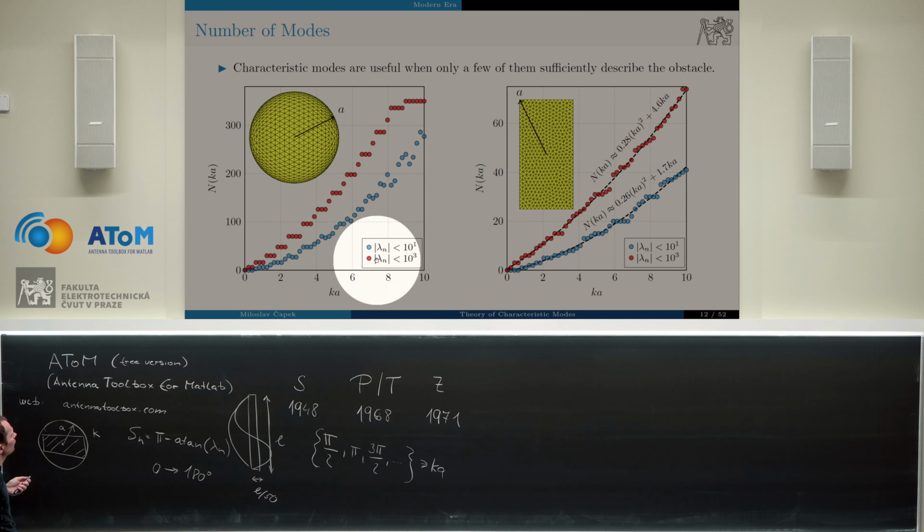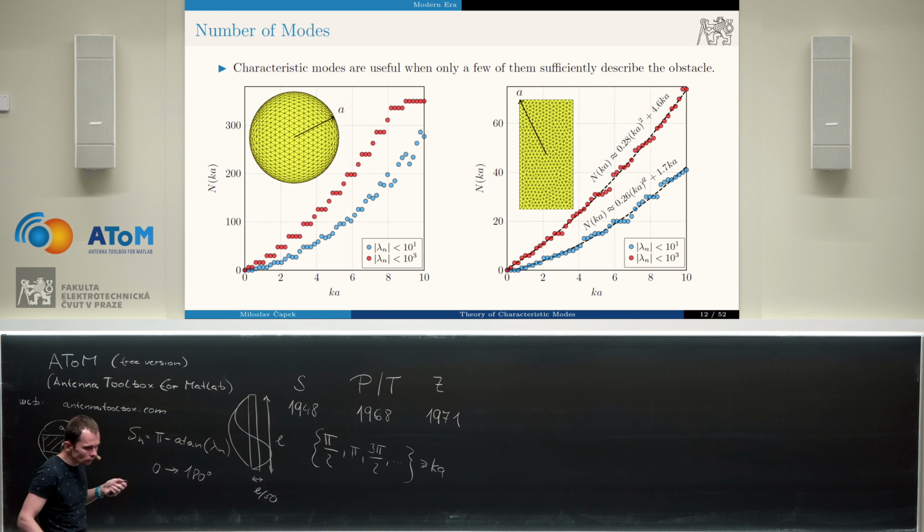And here I did a fit. So you can see that it roughly goes with Ka squared. So for Ka equal to 10, you could easily need 30, 50, 60 modes to take into account for your application. So this is something good to consider for your application.